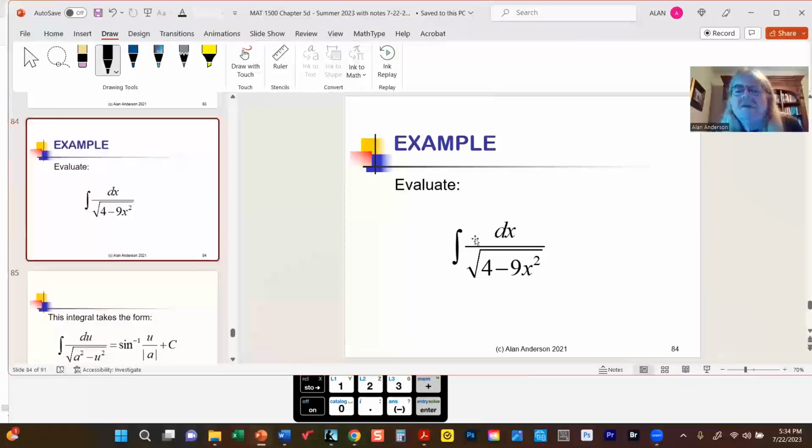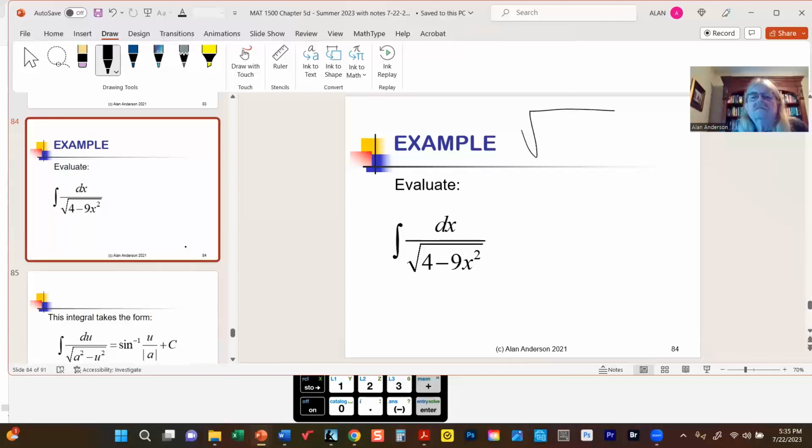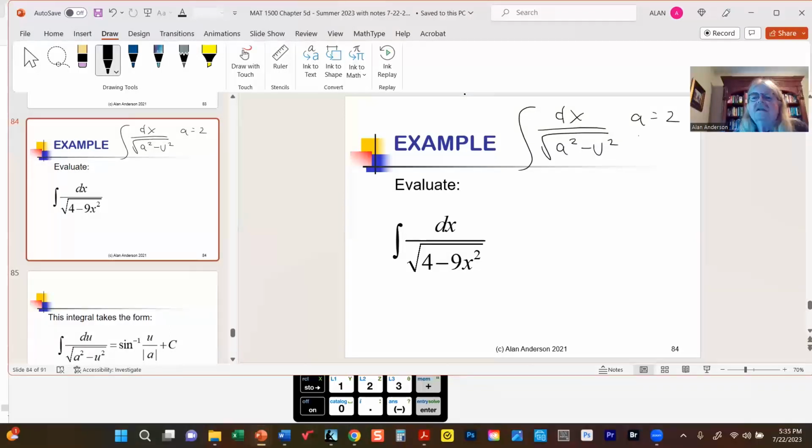All right, now what about this one? Now what we do is we look at the chart. This appears to be in the form... if a is 2 and u is 3x, then we're all set.